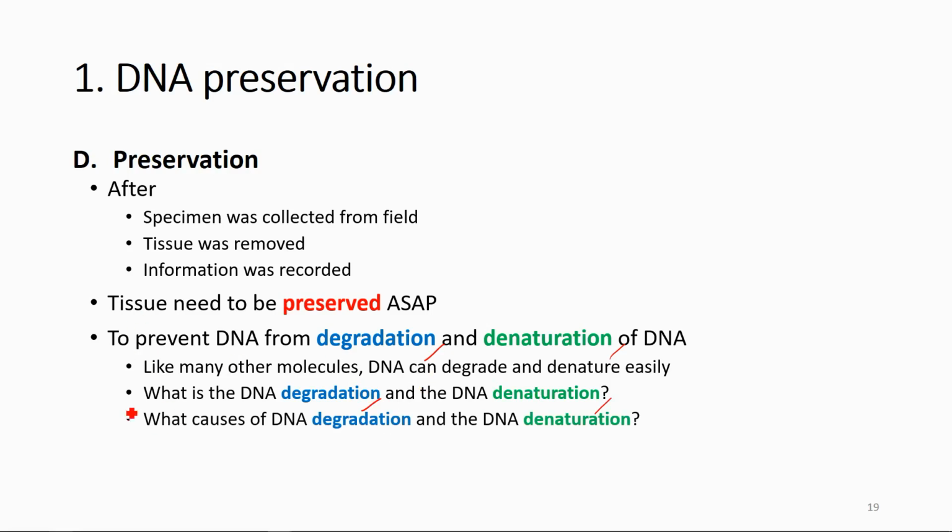So you have to know what degradation is, what denaturation is, and what caused the degradation and what caused the denaturation. If you know the cause, then you can use any chemical to reduce the agent or the cause.